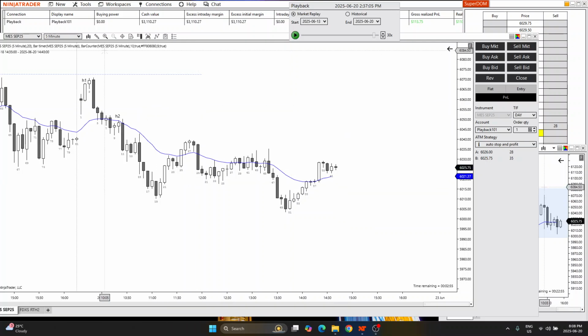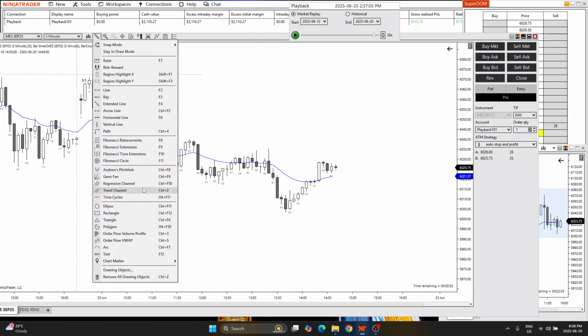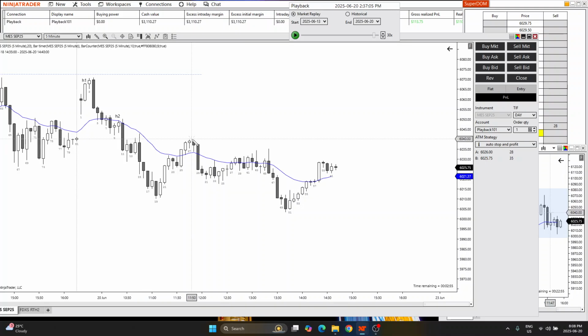After this spike we might have changed into a bigger channel, like this. So spike, pullback and then channeling.